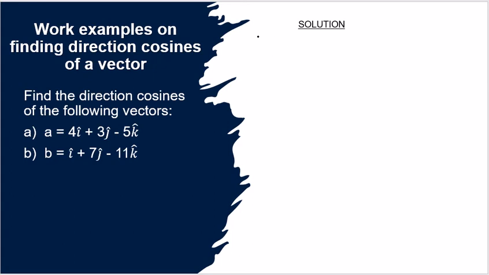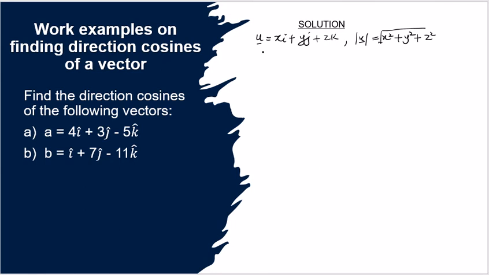Now, if you could remember that in the previous class, given a position vector u as xi plus yj plus zk and its modulus, that is magnitude, as the square root of x squared plus y squared plus z squared.